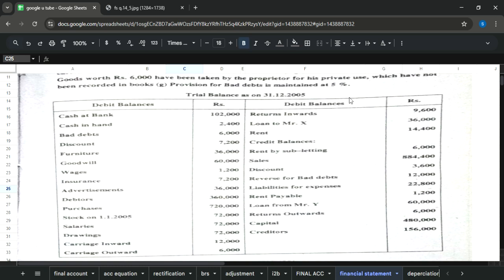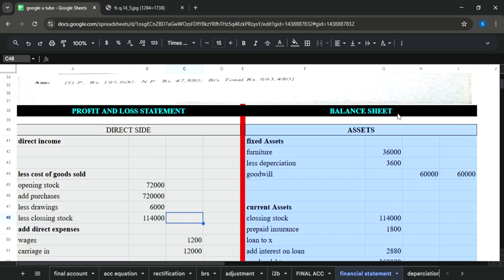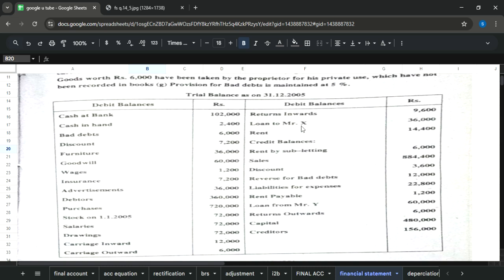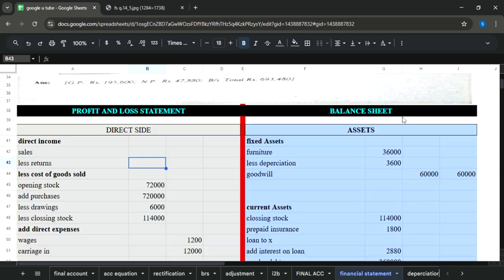Now we are turning to this word. Return inward. When these returns are inward returns, it means these are sales return. So you will come over here in direct income. First you will write sales, and then you will write its returns, which would be considered as return inward. Amount of return inward 9600.